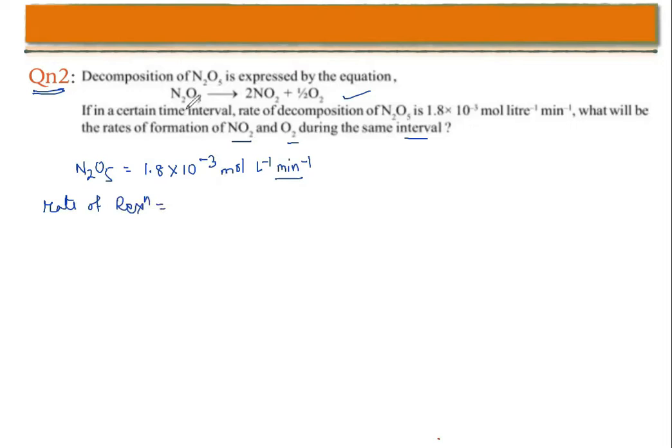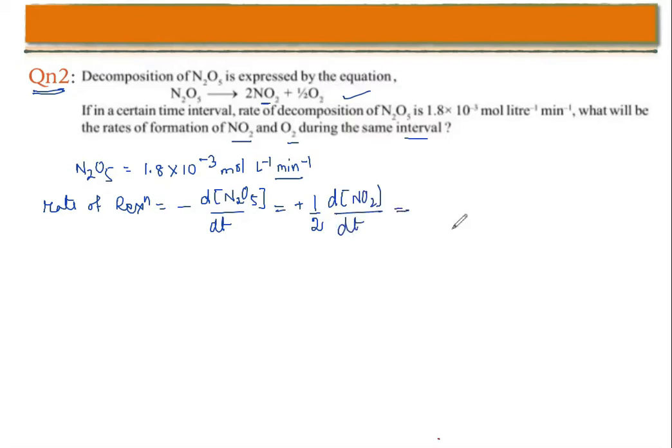That is equal to, as N2O5 is going to decompose, so I am writing here negative d N2O5 divided by dt, that is equal to the formation of NO2, positive 1 by 2 d NO2 divided by dt.